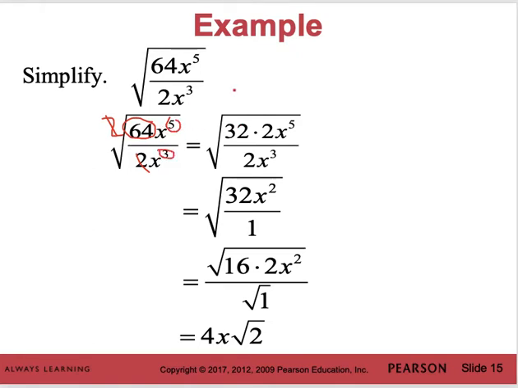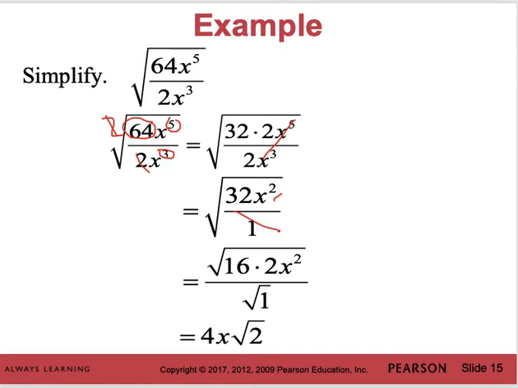So we would break that down into 32 times 2x to the 5th power. 5 minus 3 gives us x squared in the numerator, or x to the 2nd power, and divided by 1 would cancel, because dividing by 1 is not going to change anything.